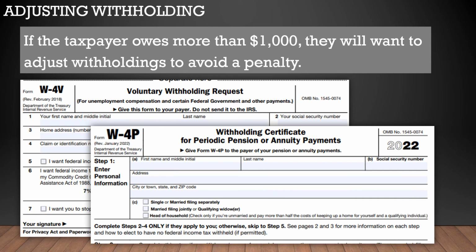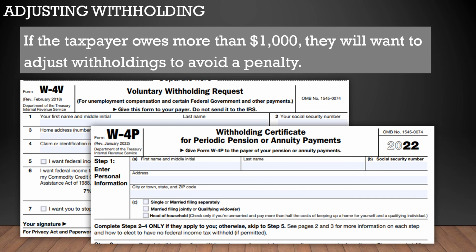And we talked, I think, just briefly in our unemployment lesson that there's the ability to have voluntary withholdings. So for government payments and unemployment compensation, there's a W4V that can be sent to whichever governmental organization they're dealing with there, to withhold funds from unemployment or Social Security.